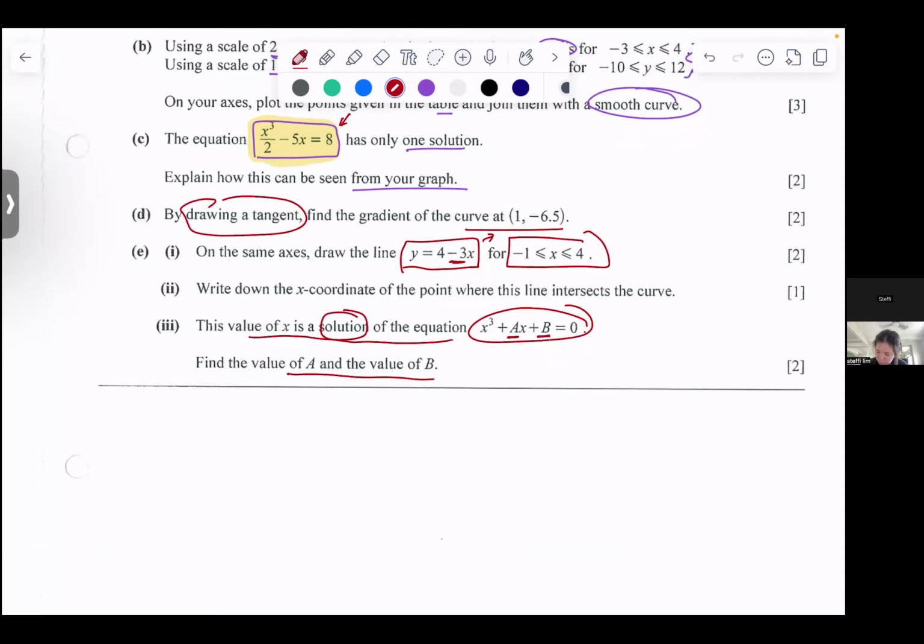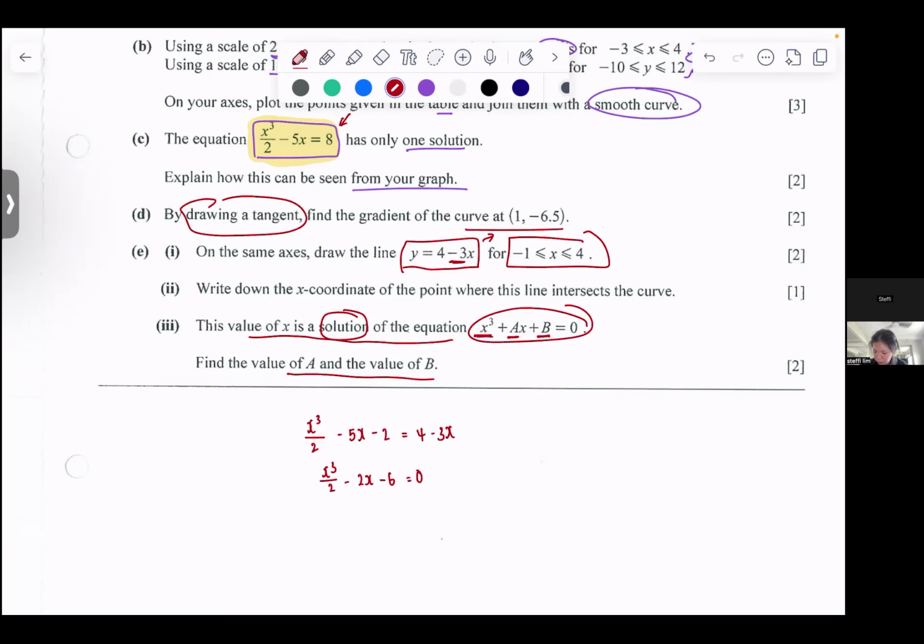So based on that knowledge of finding the solution, just equate these two equations together. Equals to 4 -3x. And then you just sub everything to one side. Simplify this entire thing because x cubed doesn't have a half anymore.